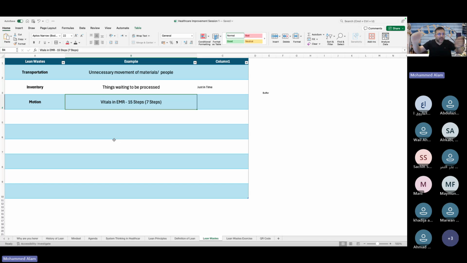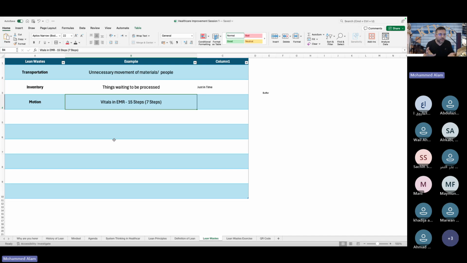Now the nurse is running here and there to collect all those consumables to be used for the inpatient, and it's a motion waste because at this point of time it is not adding any value to the patient. Just imagine how many nurses are doing this activity, multiplied by the number of patients, the number of times in a week, a month and a year. It's thousands and thousands of minutes and hours wasted in motion waste.